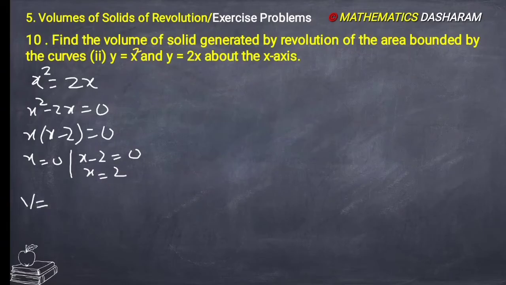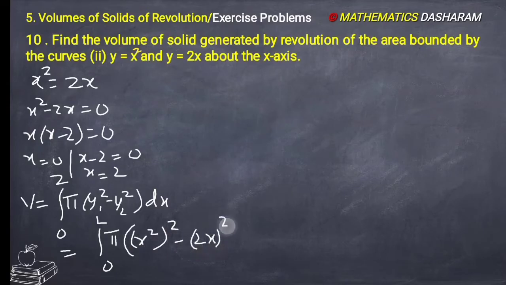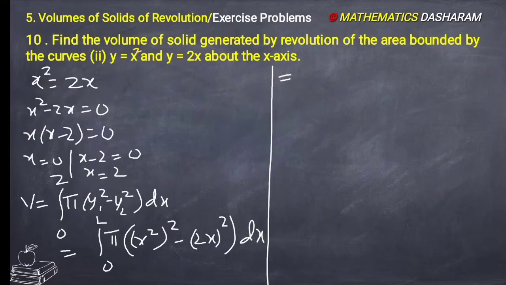The required volume V equals integration 0 to 2 pi, y1 square minus y2 square dx. So integration 0 to 2 pi bracket of y1 square, which means x square whole square, and y2 square, which means 2x whole square, dx. Then it equals integration 0 to 2 pi bracket of x to the power of 4 minus 4x square dx.